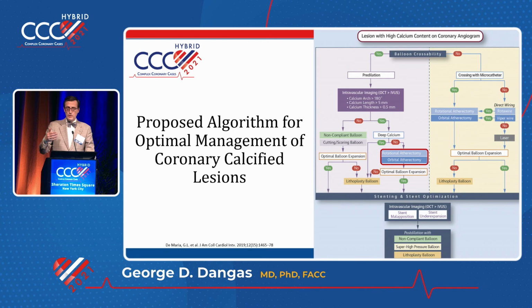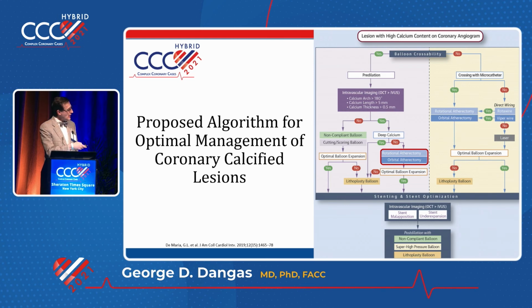If you have a problem with that, or if you've already detected a lot of deep calcium by imaging, then you go over here towards atherectomy. However, if the non-compliant balloon ultimately shows good expansion on imaging, you really don't need that.